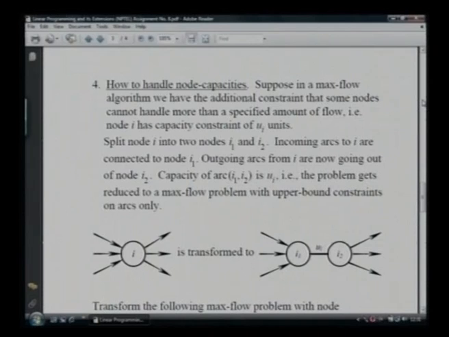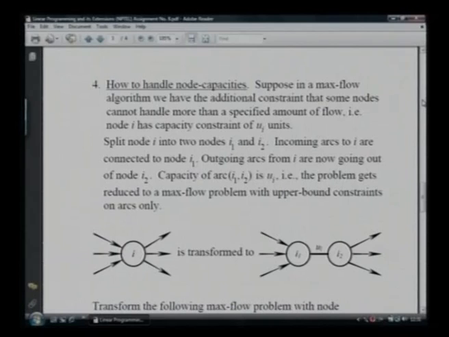Because the arc I1 I2 has a capacity UI, neither the node I1 nor the node I2 can handle a flow of more than UI units. So I take care of the situation that node I cannot handle more than UI units by doing this transformation.